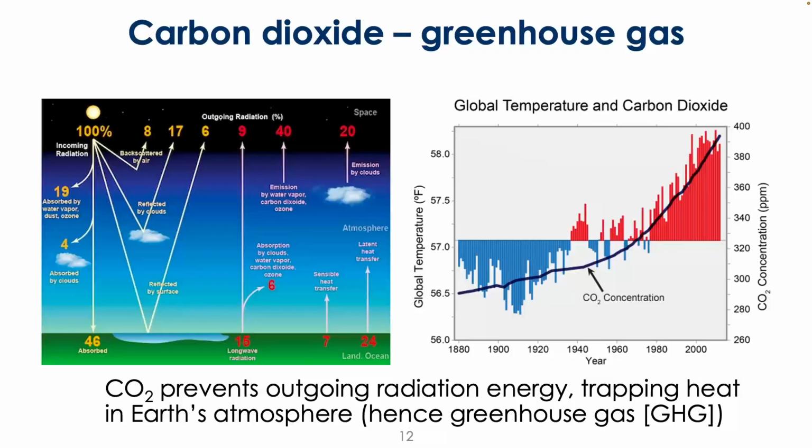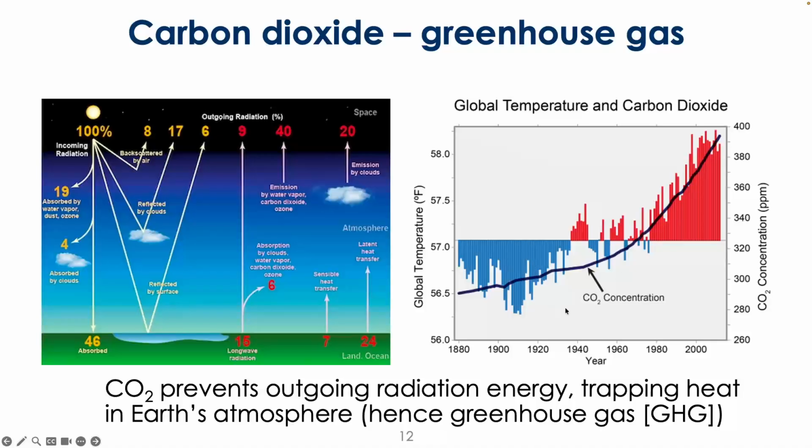What carbon dioxide does is it disrupts this equilibrium in such a way that heat is trapped for a longer period of time, and it's harder for it to escape into space, which leads to global increases in temperature.